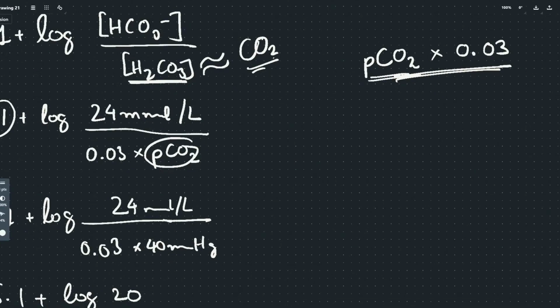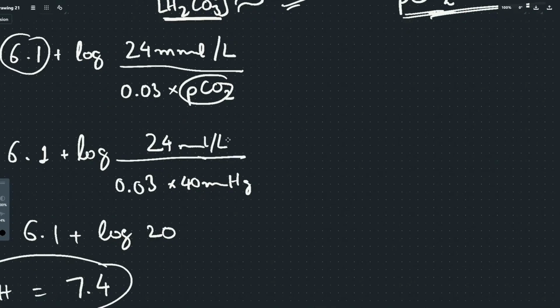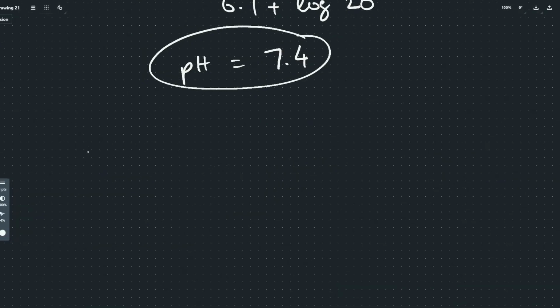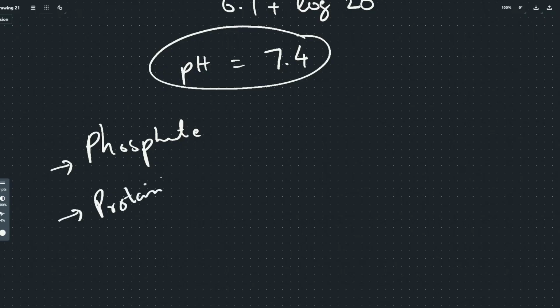So this is actually the volatile acid, that's what we call it. But besides that, we have some other buffers as well. We have phosphate buffers and protein buffers, which I will not go into. And we have the hemoglobin buffer as well that we have discussed in another lecture, but it will come up in the next lecture as well.